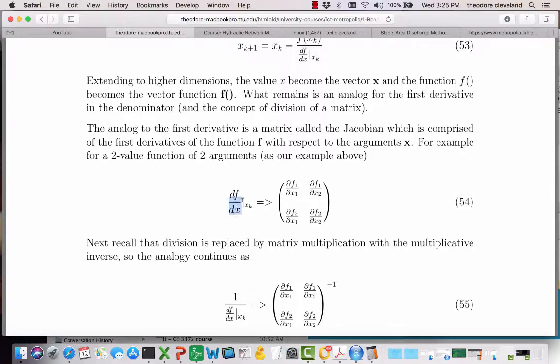So the equivalent of the df dx term is the first partial of the function with respect to the first variable, the partial of the first function with respect to the second variable, the partial of the second function with respect to the first variable, the partial of the second with respect to the second, and as the number of functions and variables goes higher, this matrix expands accordingly.